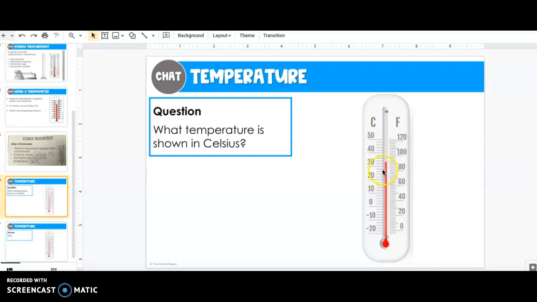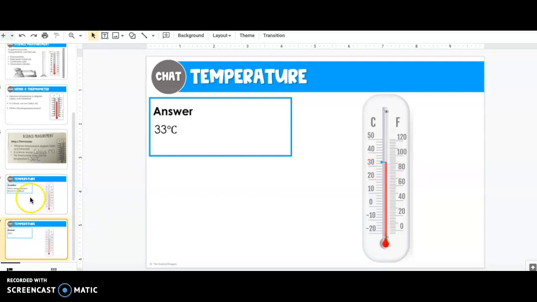Okay, so I think it looks like it's at 33. Let's see if I'm right. Oh, I am right. Very good. It's very hard to see when you don't have it right up close in front of you, but that's at 33 degrees Celsius.